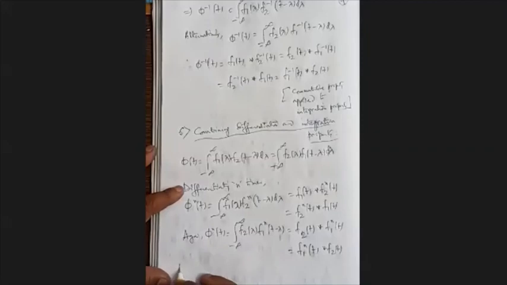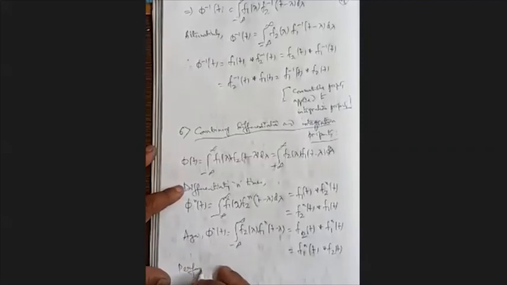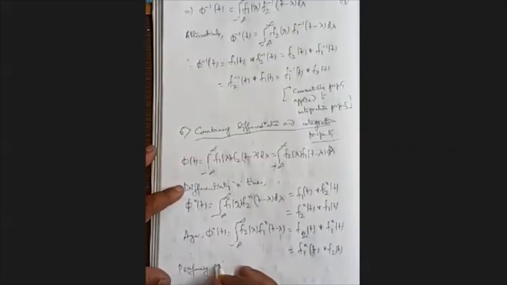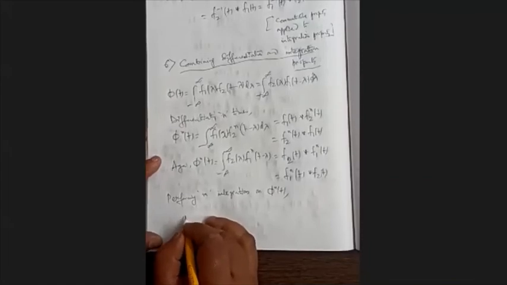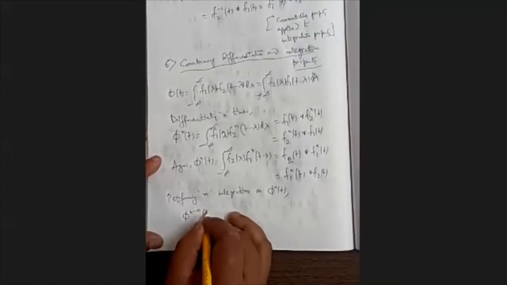Now we write, performing m integrations, or integration m times, on phi n of t. What will it be? Integration is the inverse operation of differentiation, so we get phi n minus m of t. The minus is the integration operation.